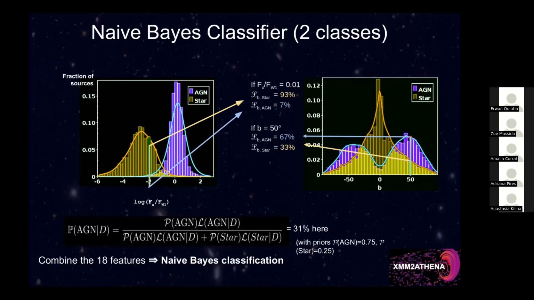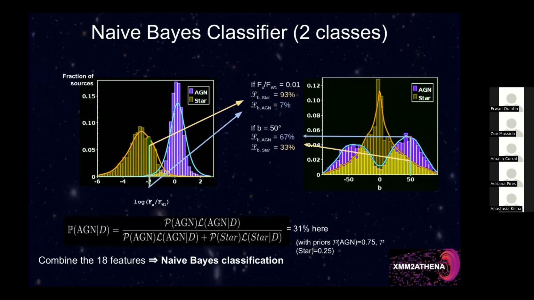Rather, you can compute the likelihood of the star and the AGN class given each value of the property. For example, if your source is 100 times brighter in the optical than in the X-ray, then the probability for it to be a star is 93% and 7% for the AGN class. This is just for two classes.